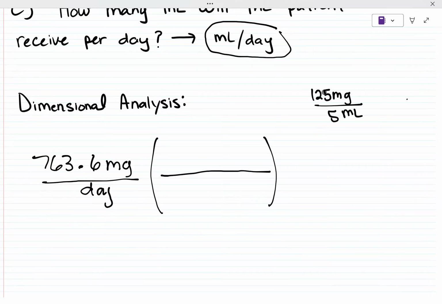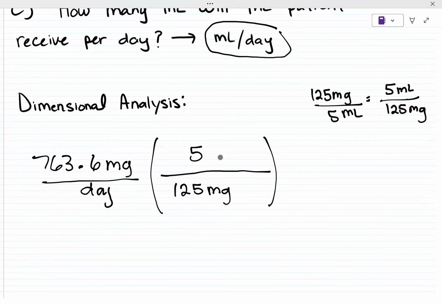Now, should I leave it like this? Should I put 125 mg on the top and 5 milliliters on the bottom? No, because you want to get rid of the mg. So you're going to flip it. That doesn't change it, right? 125 mg per 5 milliliters is also the same thing as 5 milliliters over 125 mg, right? You can do that.